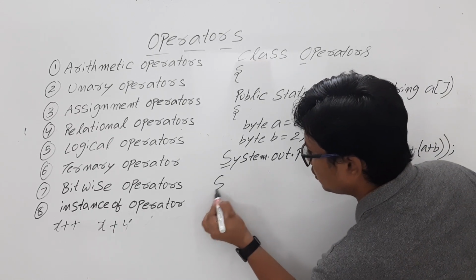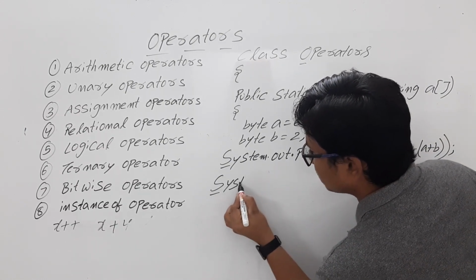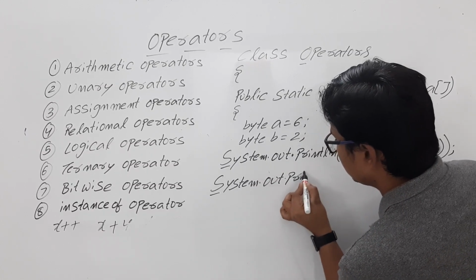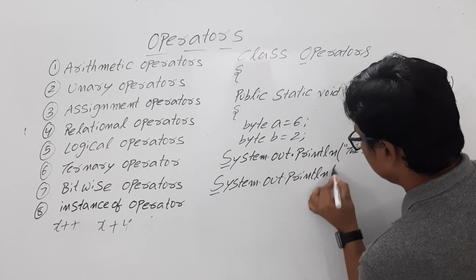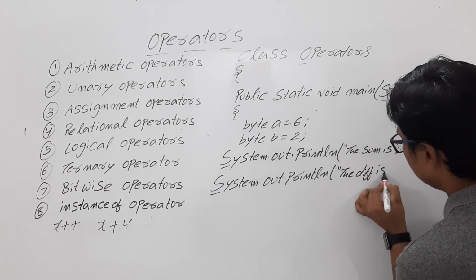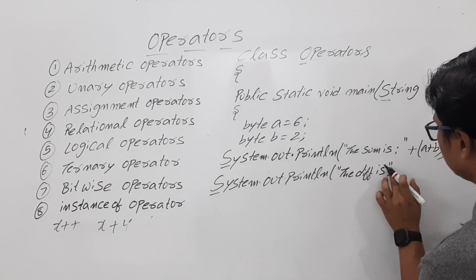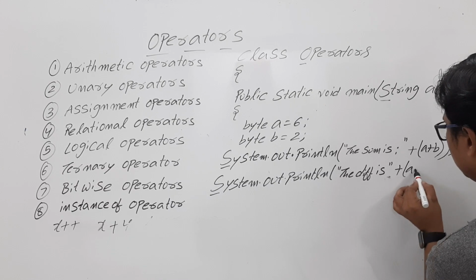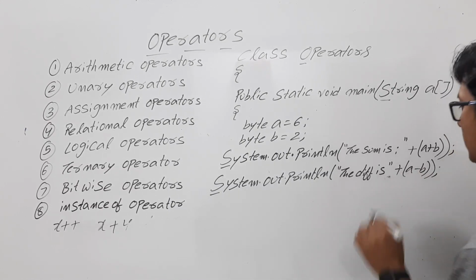Similarly, if you want to perform the subtraction, you can write the same way. System.out.println, "The difference is", let me write in shortcut, dif is, then you can write plus, then a minus b. Is it clear?